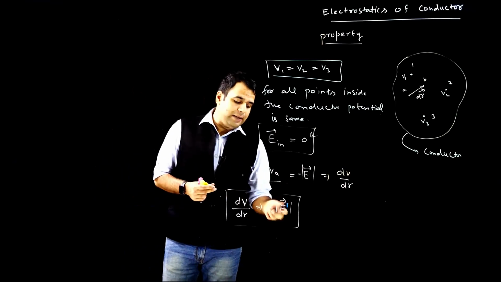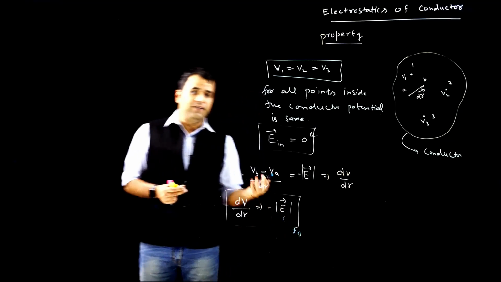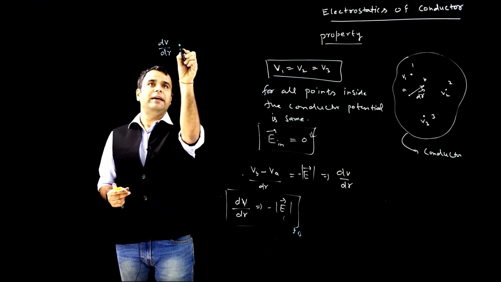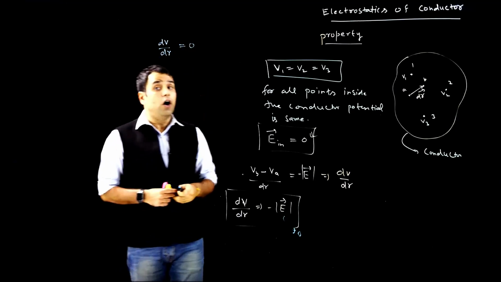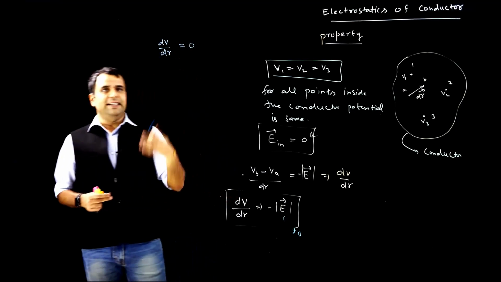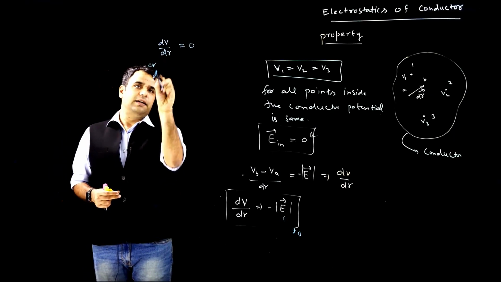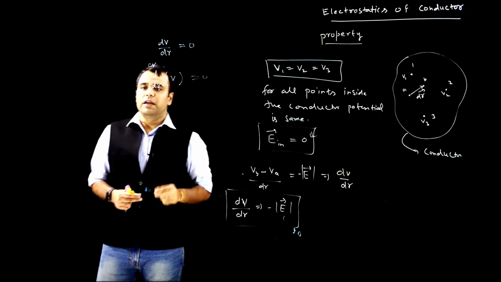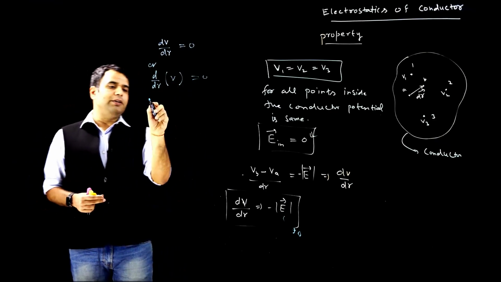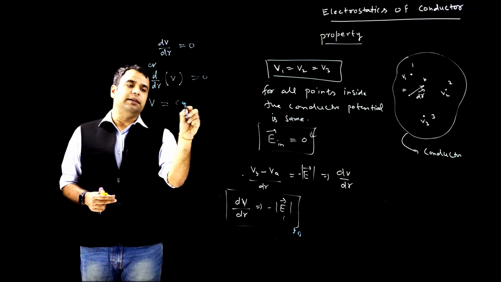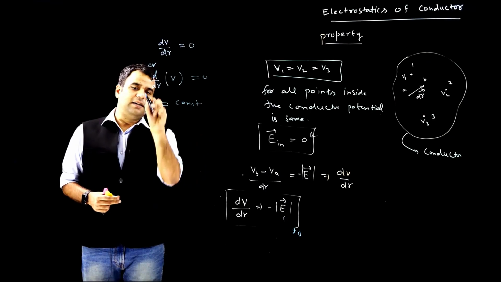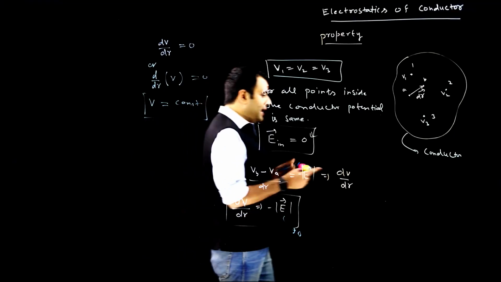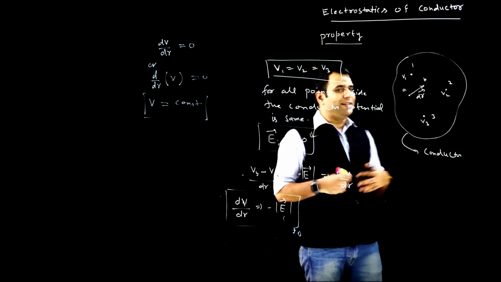Since for all inside points the electric field is 0, in that case you can say dV upon dr will also be 0 for all points. So the gradient of potential is 0. And if the gradient of potential becomes 0, it means the potential is constant. So for all inside points, in case of conductor, the potential is going to be the same.